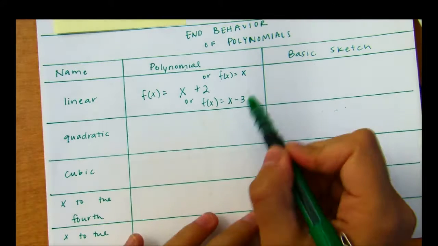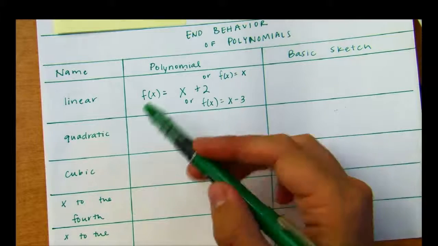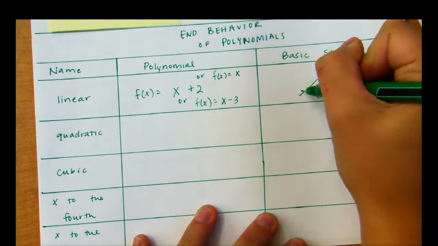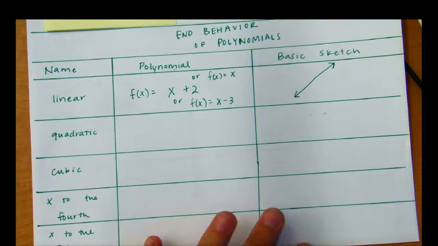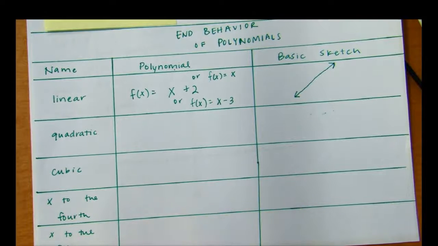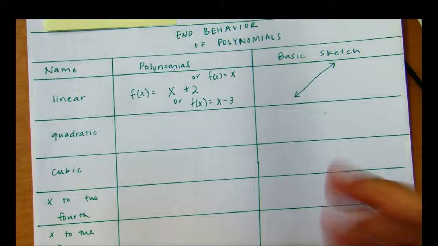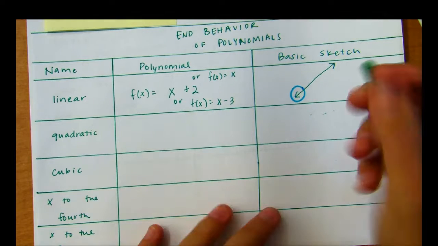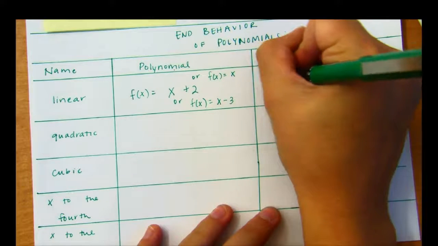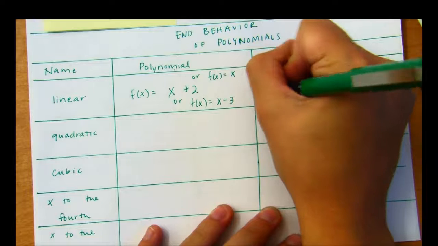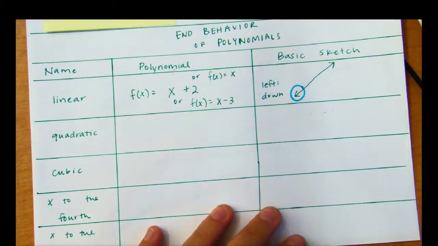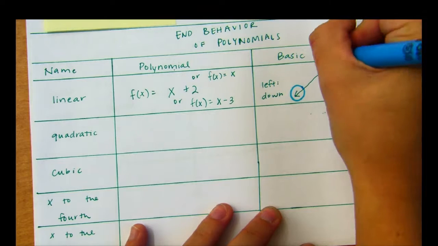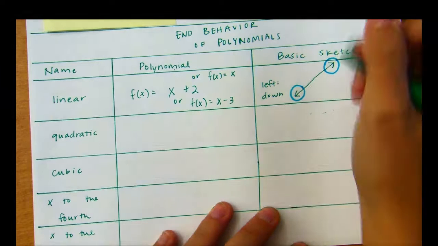This is what my function will look like. Well, I know that a linear equation just looks like a line, so that's going to be my basic sketch. We're focusing on the end behavior of this line. On the left-hand side, the arrow is going downwards, versus on the right-hand side, my arrow is going up.